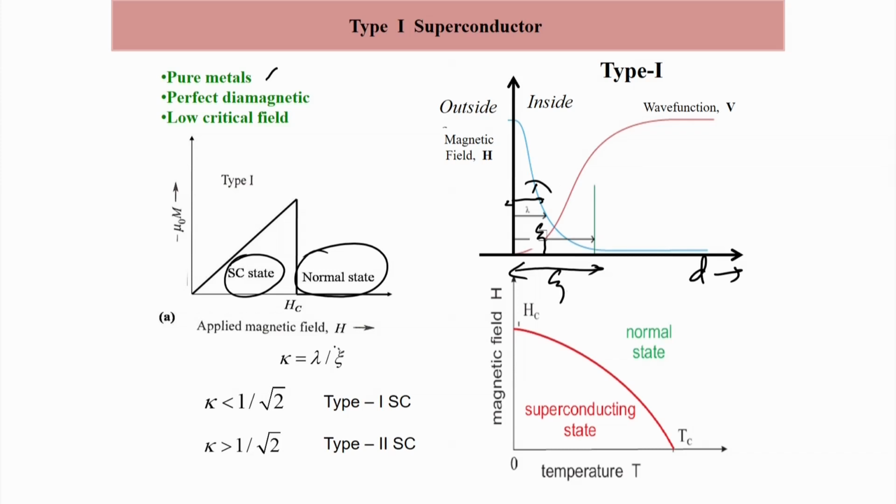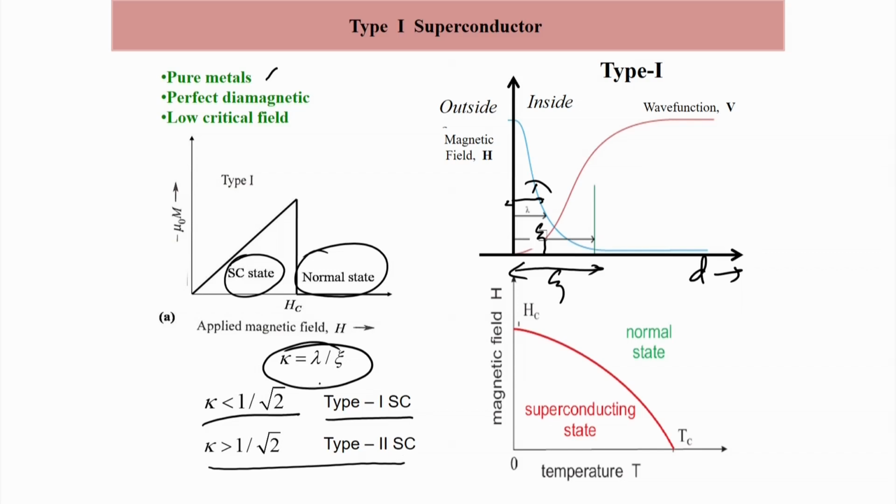So, one can talk about a single quantity kappa, which is the ratio lambda by xi, where kappa less than 1 by root 2 gives you a type 1 superconductor, whereas kappa greater than 1 by root 2 gives you a type 2 superconductor.